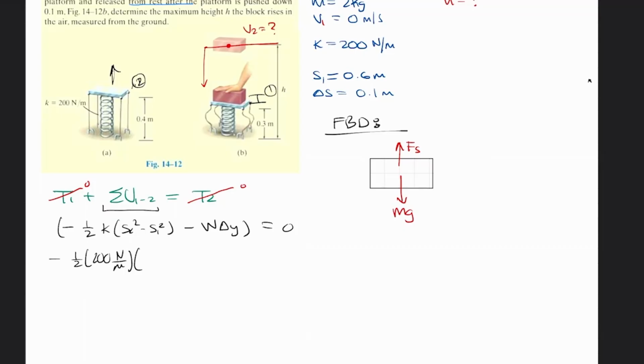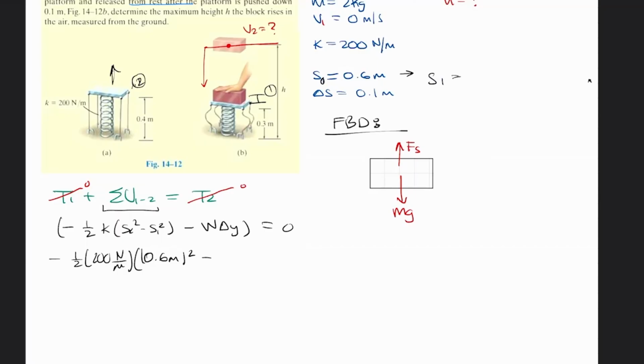So at state 2, the original height that the spring has was 0.6 meters, minus, at state 1, it was compressed even more, 0.1. So at 0.6, we can say that at state 0, originally, and then it was further compressed.